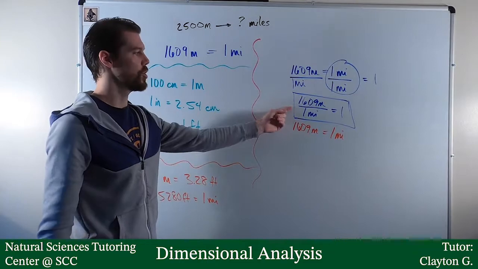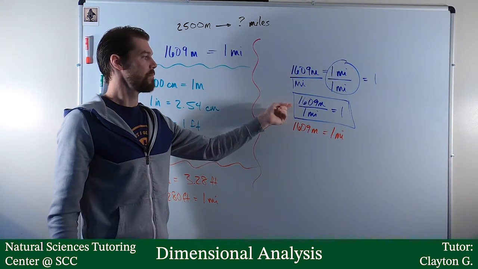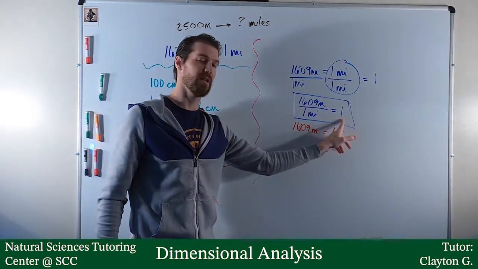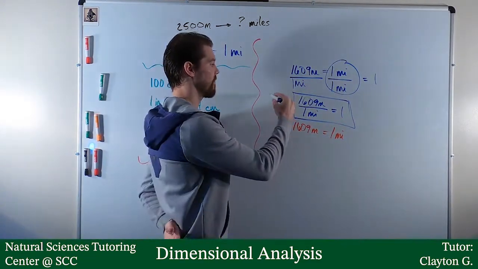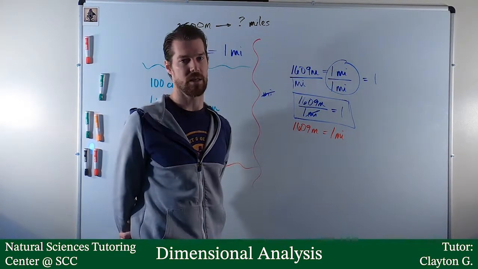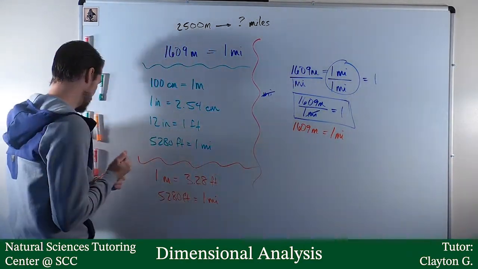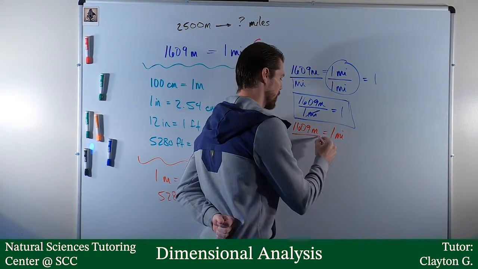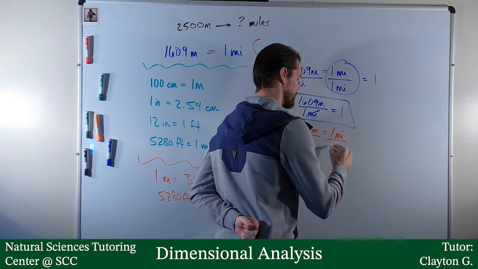So if I use this equivalency, and I have 1609 meters over 1 mile, I'm effectively multiplying by 1. And in this case, if I have miles on the top somewhere, I will be able to divide miles by miles, canceling it out. Let's talk about this one down here and do the opposite direction. I'll divide by 1609 meters on both sides.